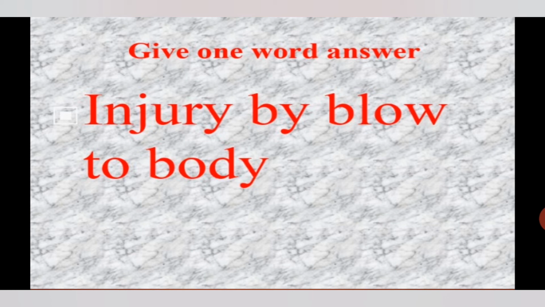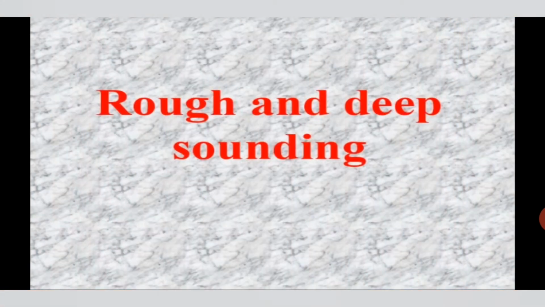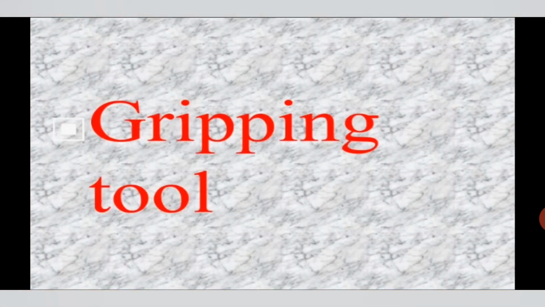Injury by blow to body is bruise, right? Bruise means injury by blow to body. Rough and deep sounding, what is the meaning? It means hoarse. Hoarse means rough and deep sounding, right? Next is gripping tools.